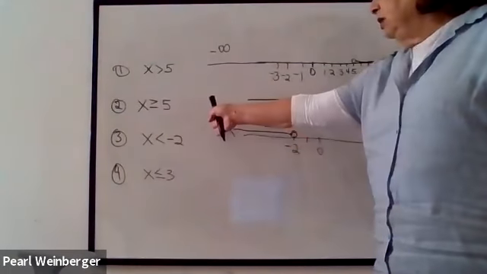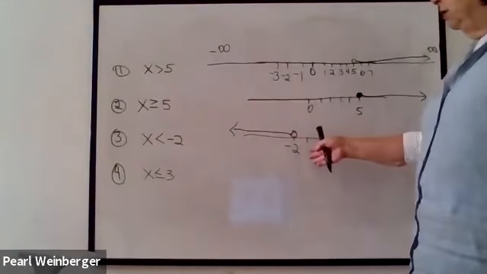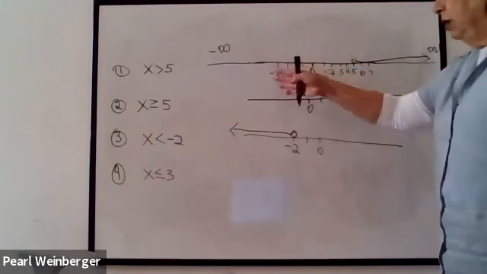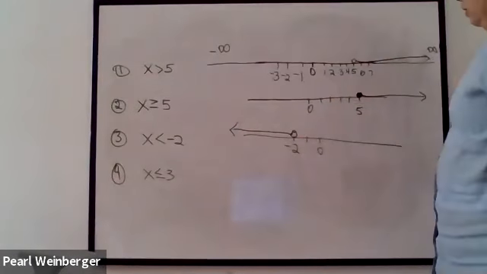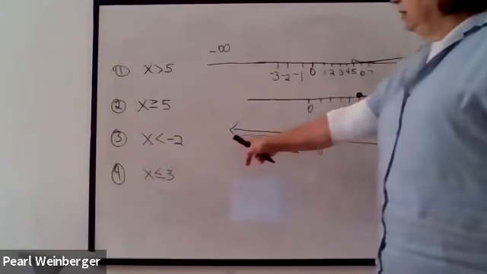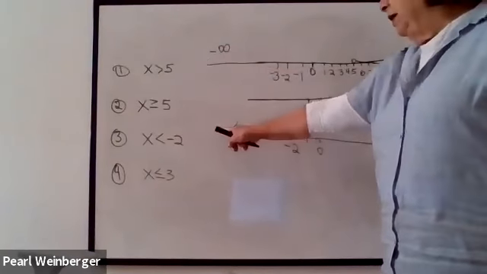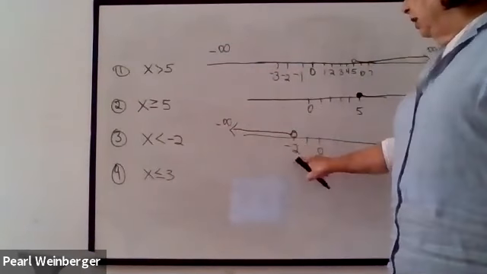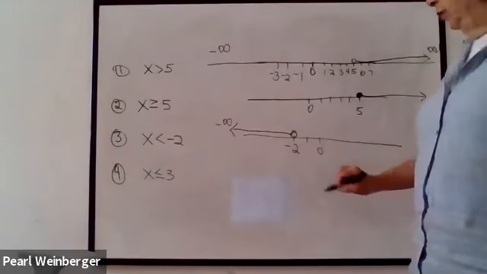In other words, it's starting all the way at negative infinity and going until -2. When we talk about these sections or intervals on the line, we're always starting at the left and moving to the right. In this case, this interval starts all the way to the left at negative infinity and continues until -2, but not including the -2.